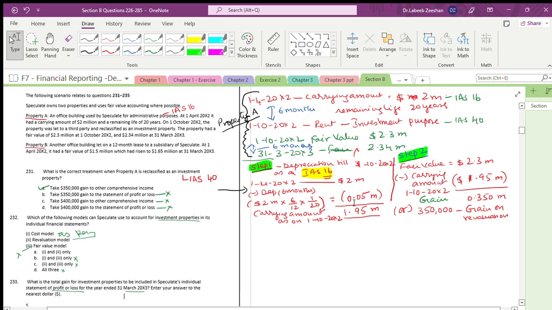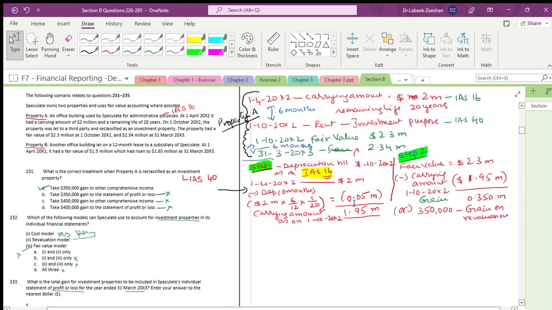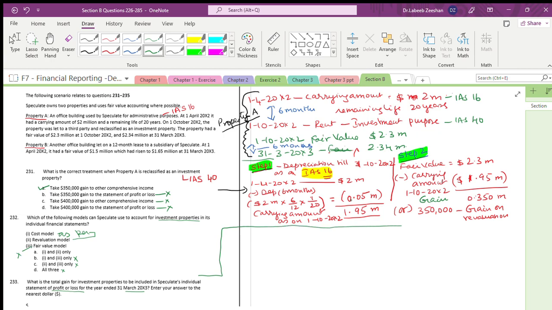Property A and property B. Property A is how much? What is the value of property A? I will put like this. We don't need this. Now this is 233.